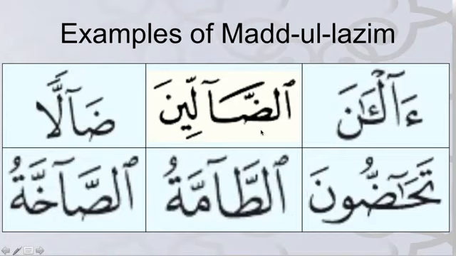Next we have, if you have Surah Al-Fatiha memorized, you will recognize this. One of the words from Surah Al-Fatiha that has maddul lazim. And this is ad-dallina. This is how you spell this out. Hamza, fatha, dad, shadda, ad. Dad, fatha, alif, mad, lam, shadda, dal.